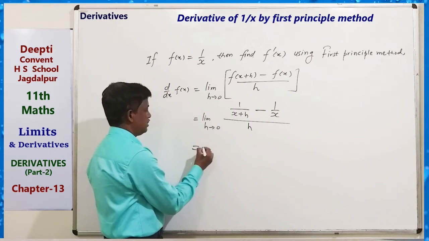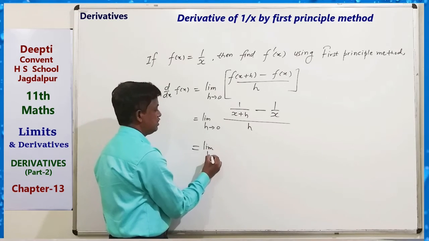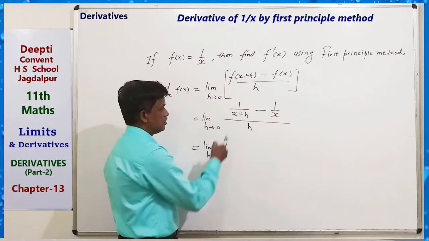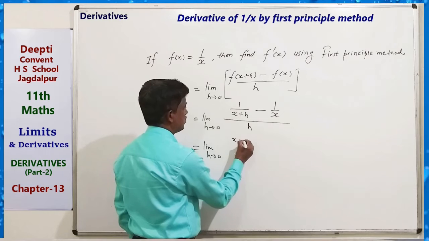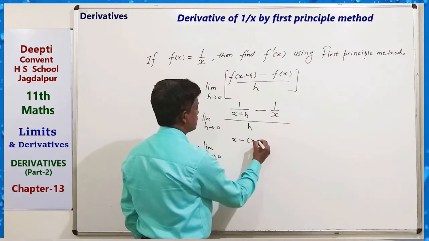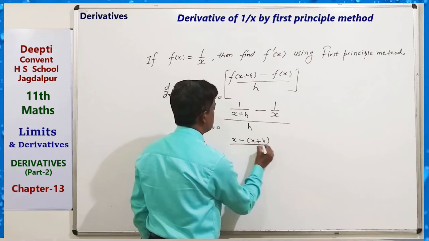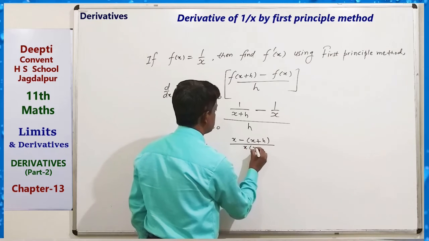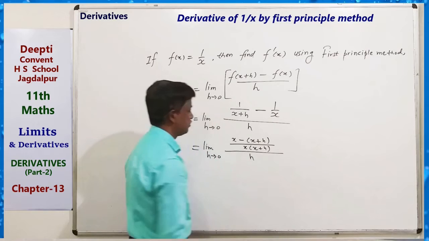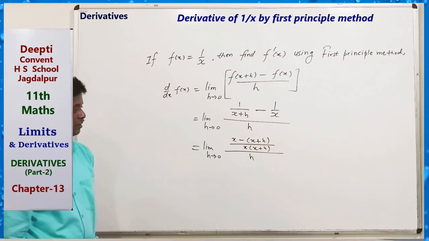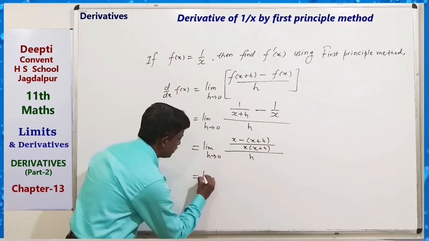Now our target is finding the limit. So taking the LCM, we get x minus (x plus h) upon x into (x plus h), upon h. Clear?